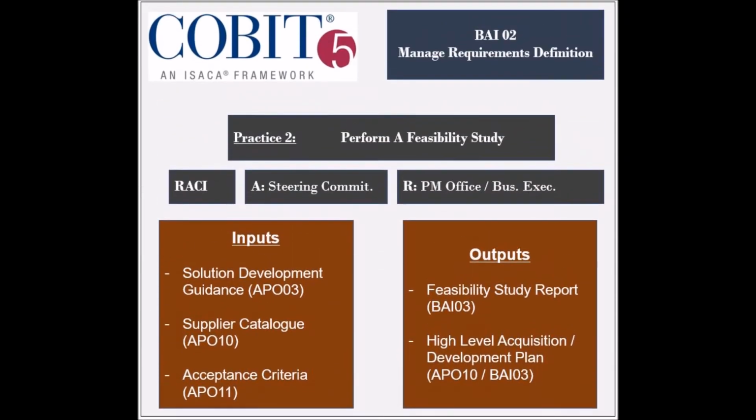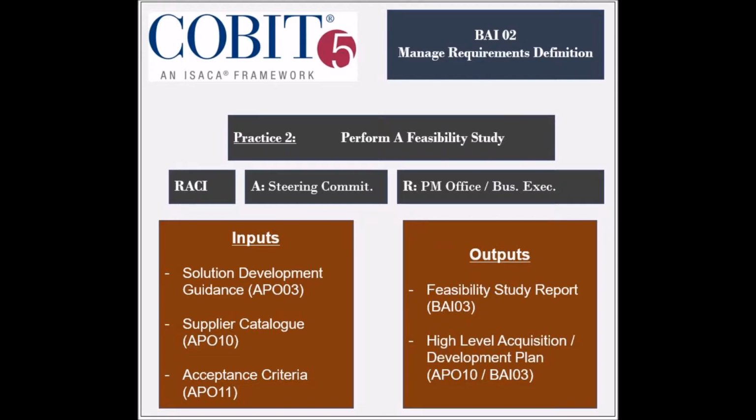The second practice is to perform feasibility studies and identify alternative solutions. The entities that are responsible include the business executives, the project management office, and the head of IT development. The entity that is held accountable is the program steering committee.